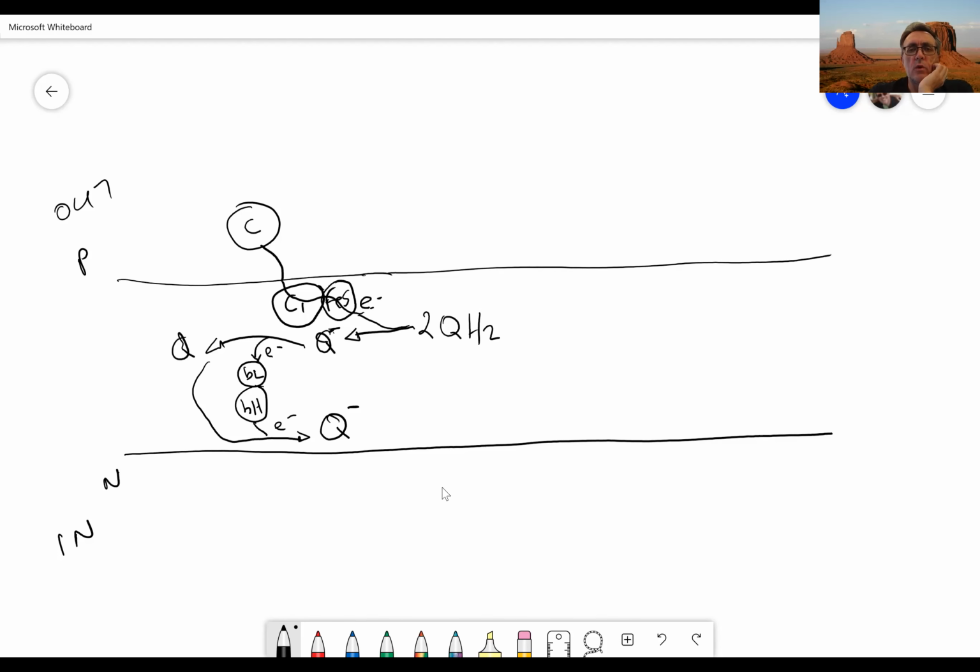The other molecule of the quinol does exactly the same thing that it did on the left side. So we're going to have an iron sulfur cluster. The electron will go through that part of complex 3 and reduce another molecule of cytochrome C. And something key that I forgot to mention is that in each one of these electron transfers, 2 protons in each case will come out.